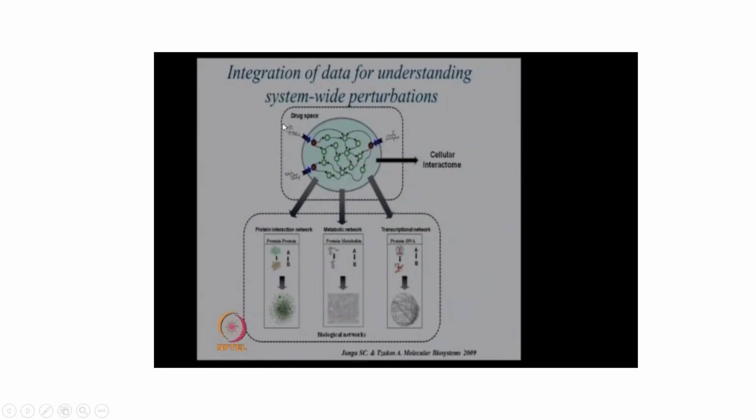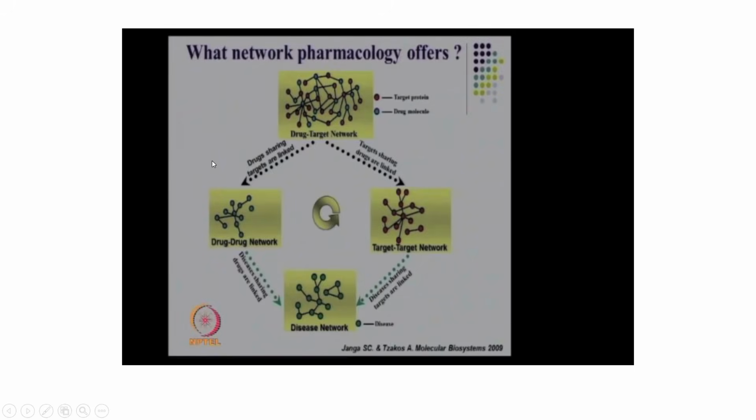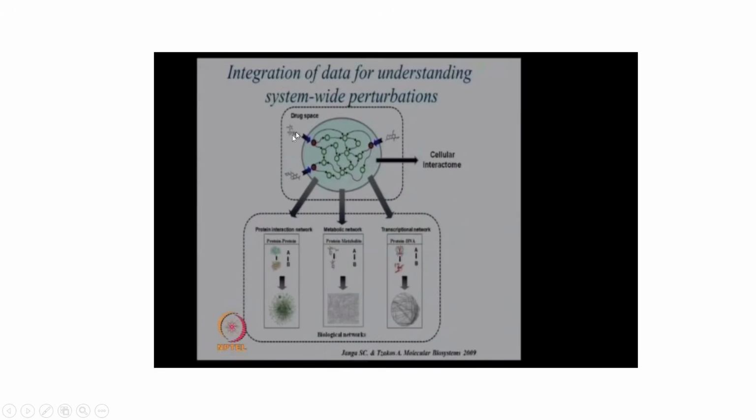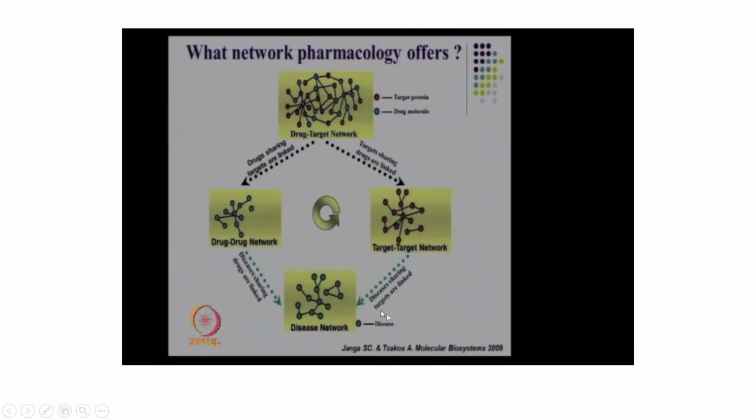If you target that specific part of the interactome, the perturbation indicates the changes happening because of the presence of the drug, and then you can come to a conclusion that if you target that specific protein, the interaction will change and it will come to a healthy state, or it might affect more, etc. This study can be done for drug networking, target networking, disease networking, etc.